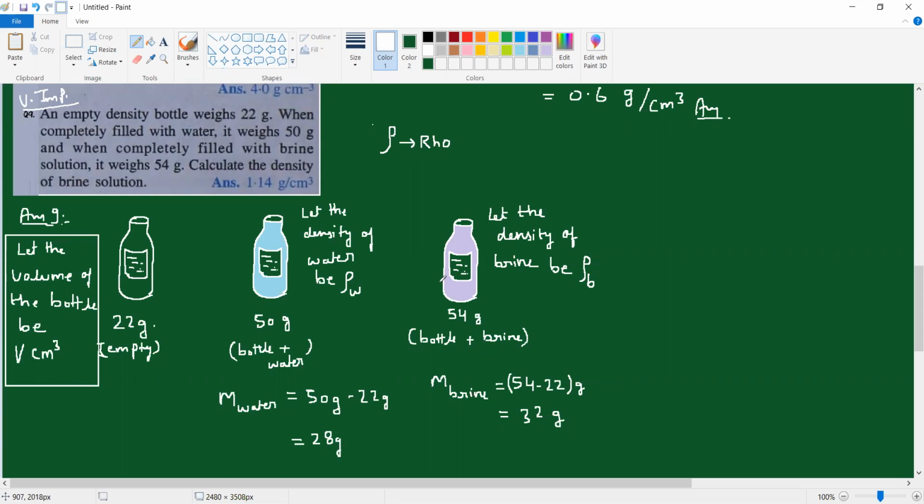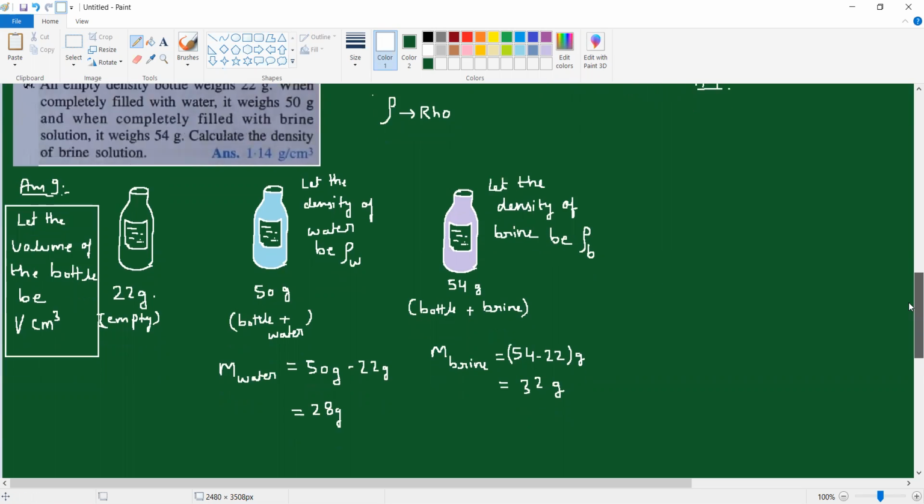So now the question is why I am calculating the mass of water and brine separately. Because we are asked to calculate the density of brine solution and compare it with the density of water. The density of water is 1 gram per centimeter cube. We all know this.